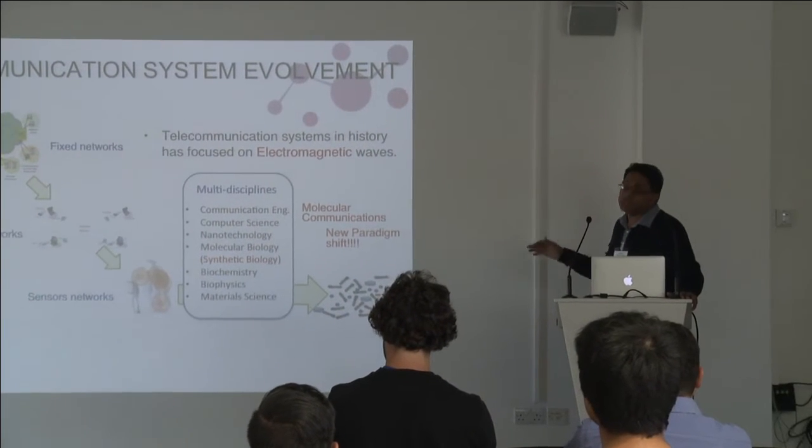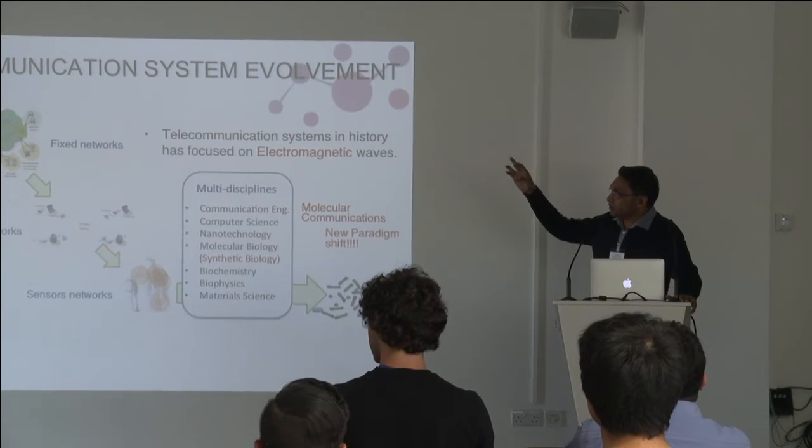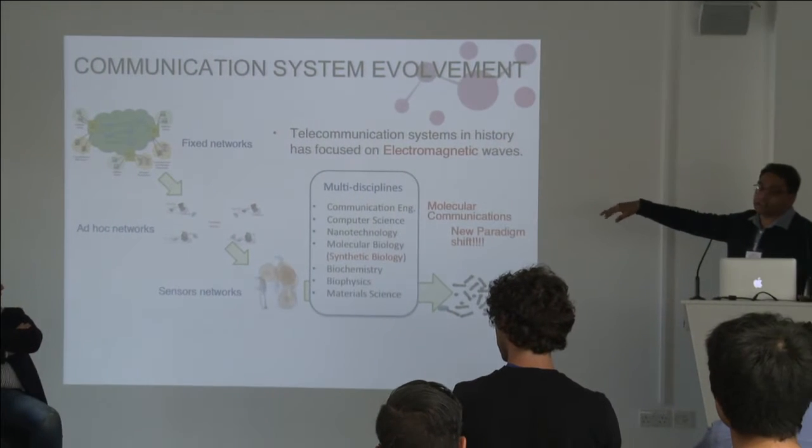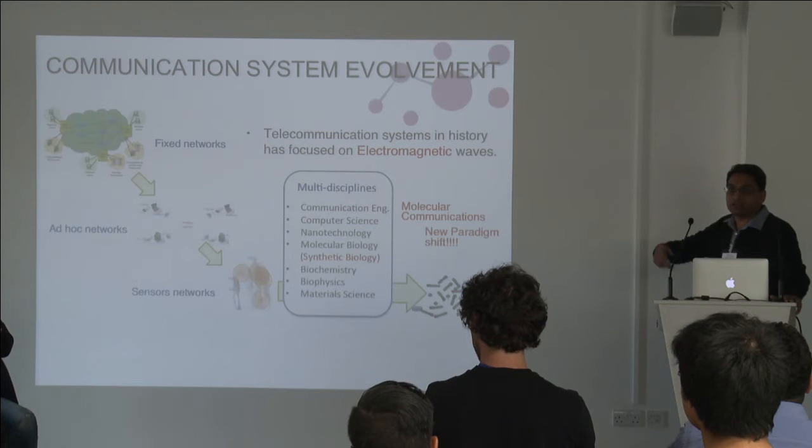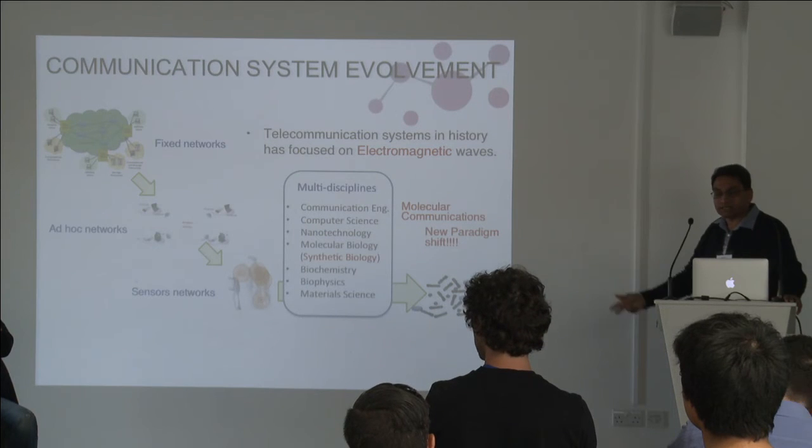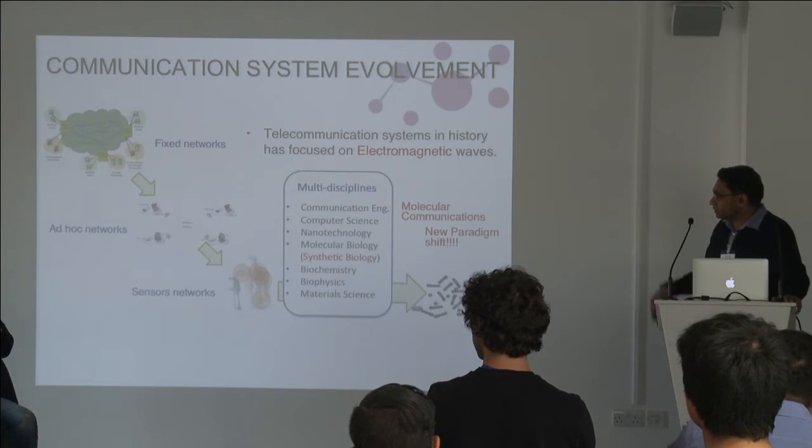It's a massive paradigm shift compared to what you can see on the left side there, where the evolvement has been largely centered around electromagnetics, optical and whatnot. Now it's just a massive paradigm shift.